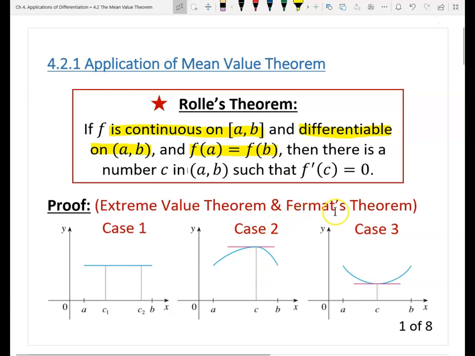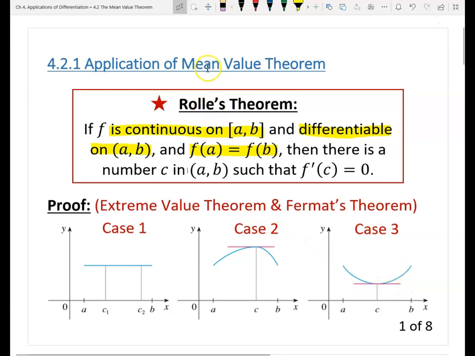And then by Fermat's theorem, we know this number c is a critical number, which means the derivative equals 0. See, it's super easy to get the result. And the same for the third case. If the function goes down, first by the extreme value theorem we have a number c where the function reaches the minimum, right? And then by Fermat's theorem, at this number c, the derivative equals 0, a horizontal tangent line. And this is the proof.